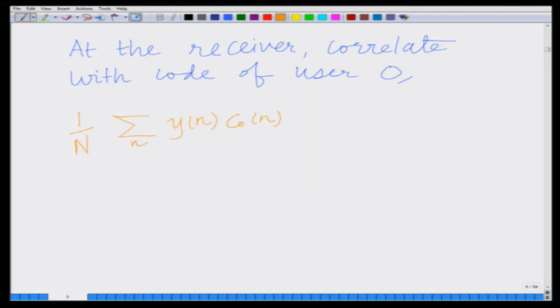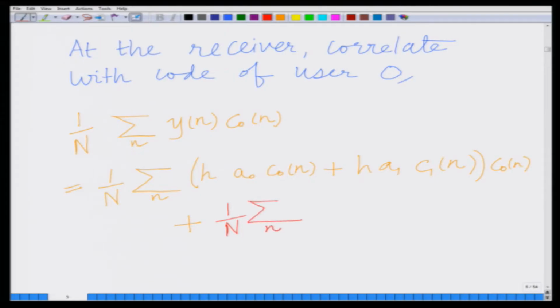This is the correlation, that is, the element-wise multiplication plus the sum over all the chips, and then dividing by N. This is equal to 1 over N summation over n of h A0 C0 n plus h A1 C1 n, times C0 n, plus 1 over N summation over n of w n C0 of n.